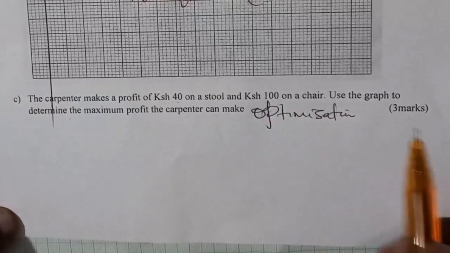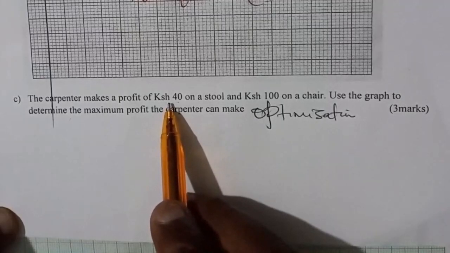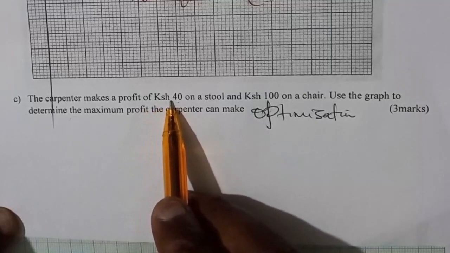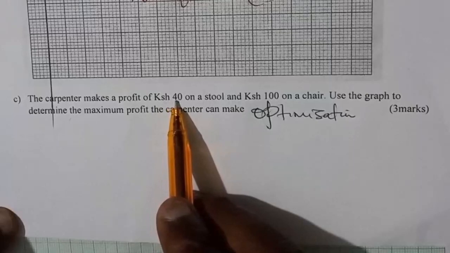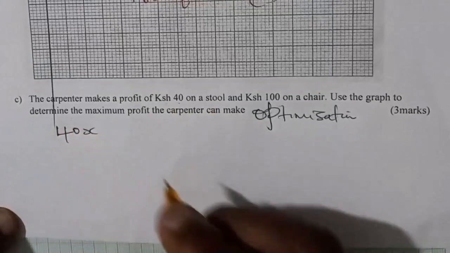So what we are going to use is what we call the objective function, and we get it from whatever you're given here. Every stool makes a profit of 40 shillings, and remember, we have X stools. So for X stools, we will have 40 times X shillings.